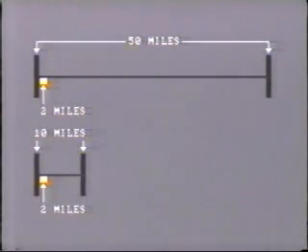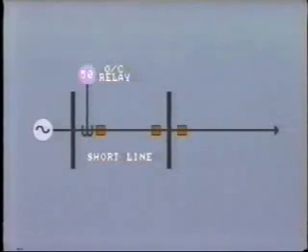A tolerance of, say, 2 miles is not too significant where the lines are 50 miles long, but it is certainly not adequate for protecting a 10-mile line. With the overcurrent relay, the problem is that there is very little difference in the magnitude of fault current for close-in faults and for faults out on adjacent lines.